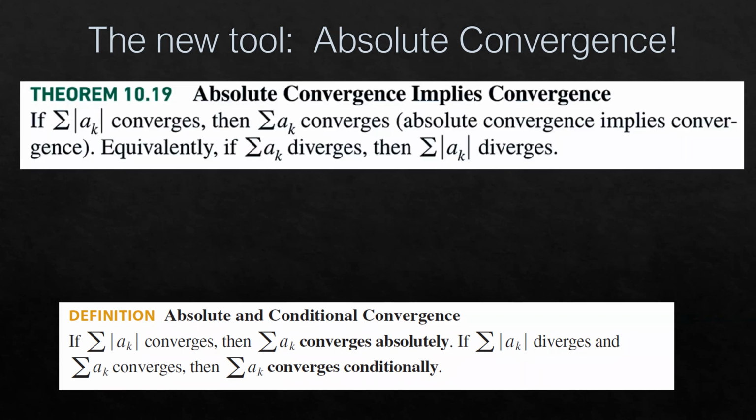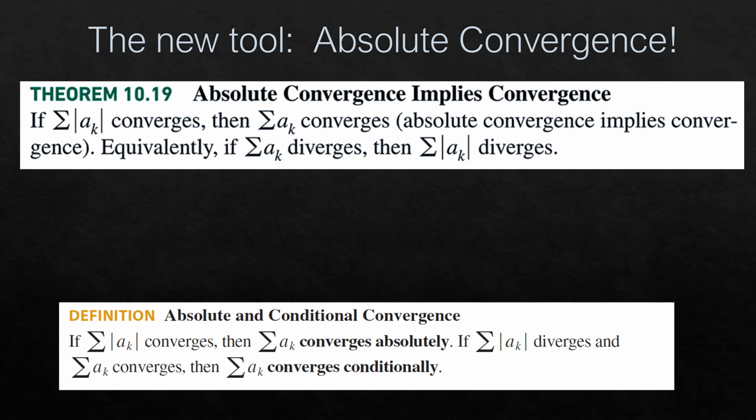A theorem has been proven that if the series of absolute values converges, then the series actually converges, meaning absolute convergence implies convergence.